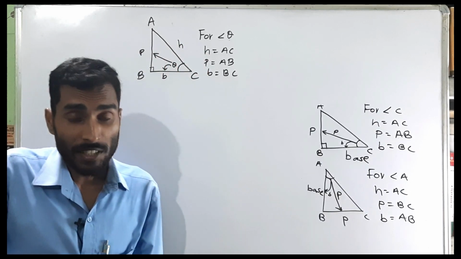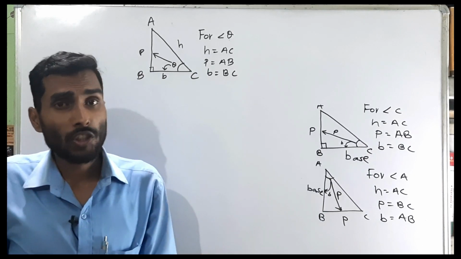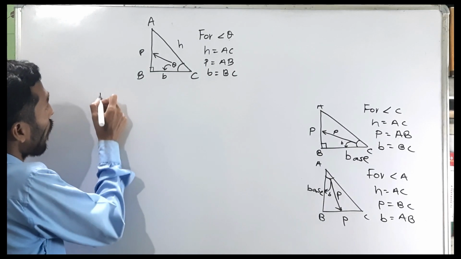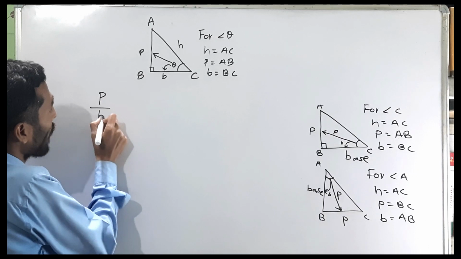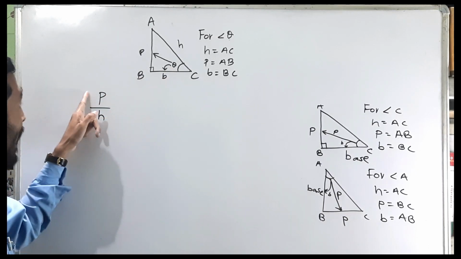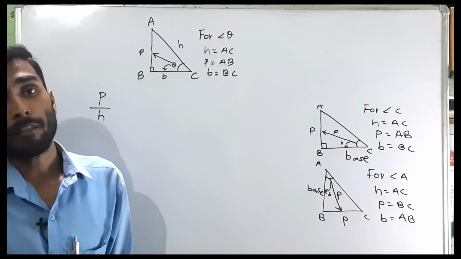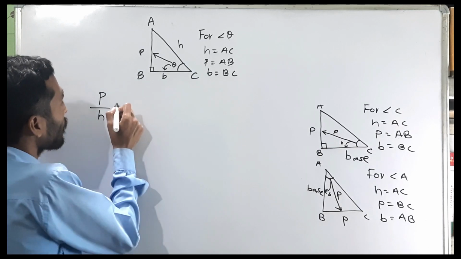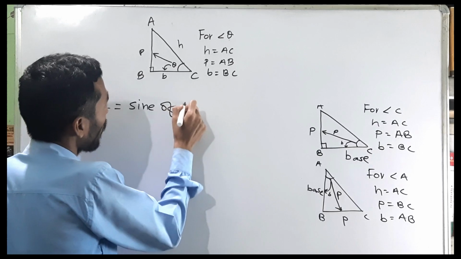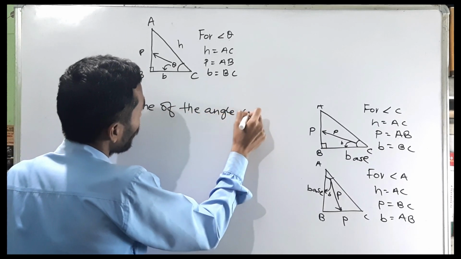So here we are going to talk about trigonometric ratios. The ratio of perpendicular and hypotenuse for angle theta, where P is perpendicular and H is hypotenuse, that is P by H, is named the sine of the angle theta.